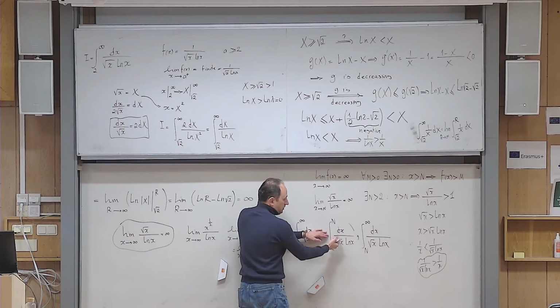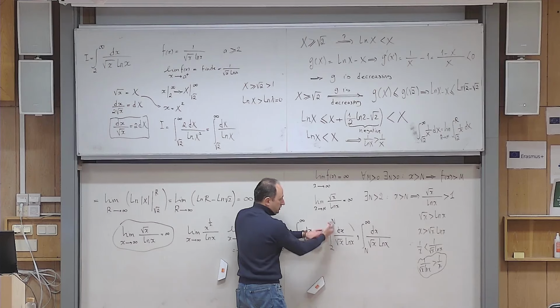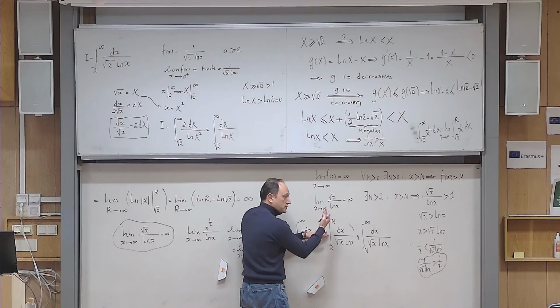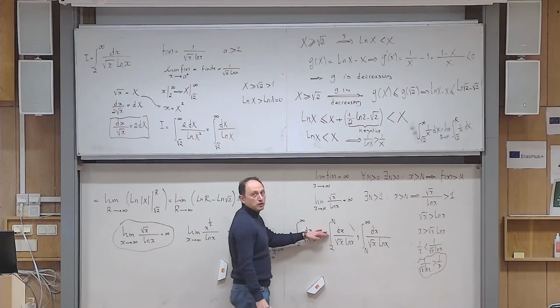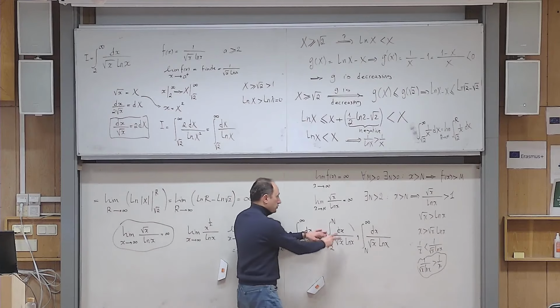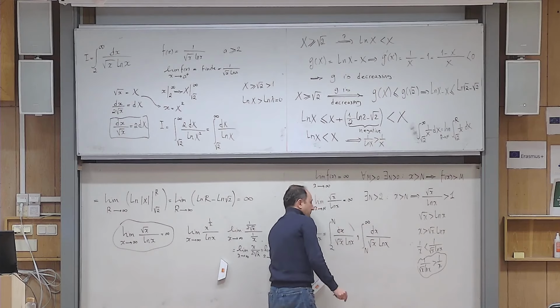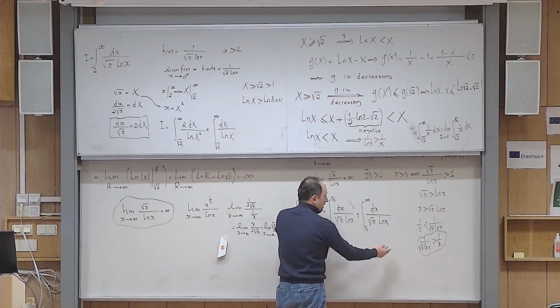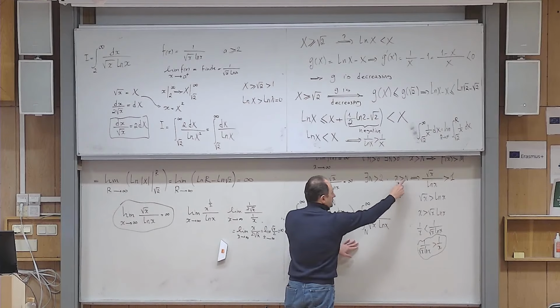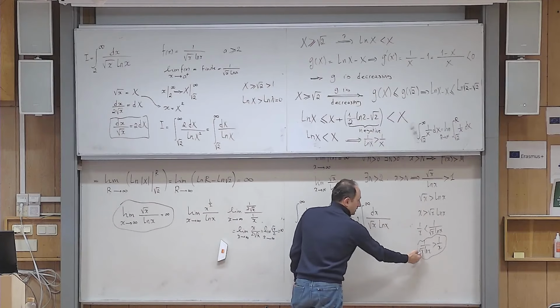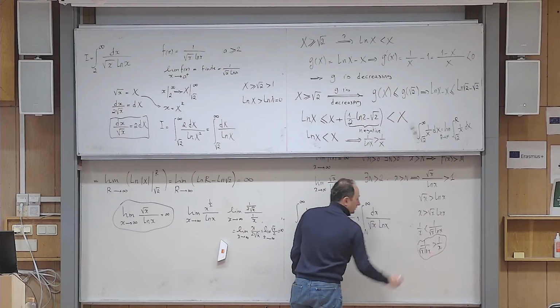I don't have any problems with the first one, because the function involved is continuous on this interval, and if the function is continuous, it is also integrable. It means that the value of this definite integral is a finite number. For the second one, on the interval when x is greater than n, my function is greater than 1 over x.